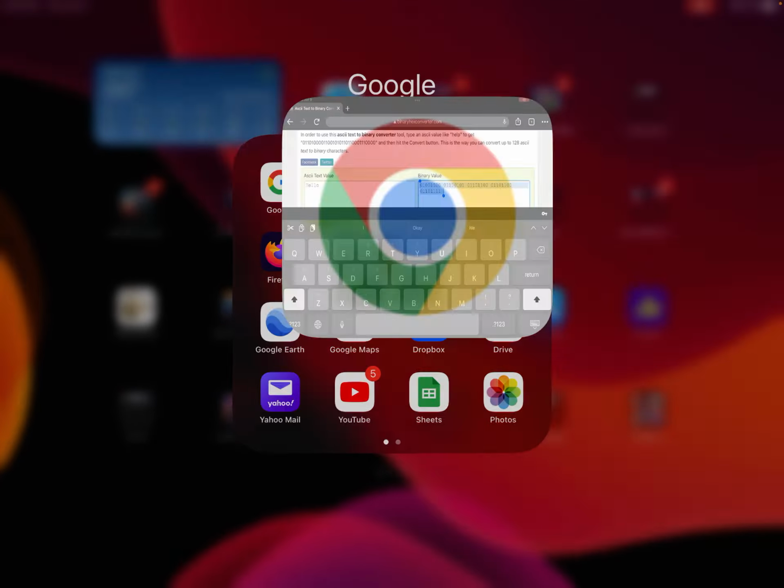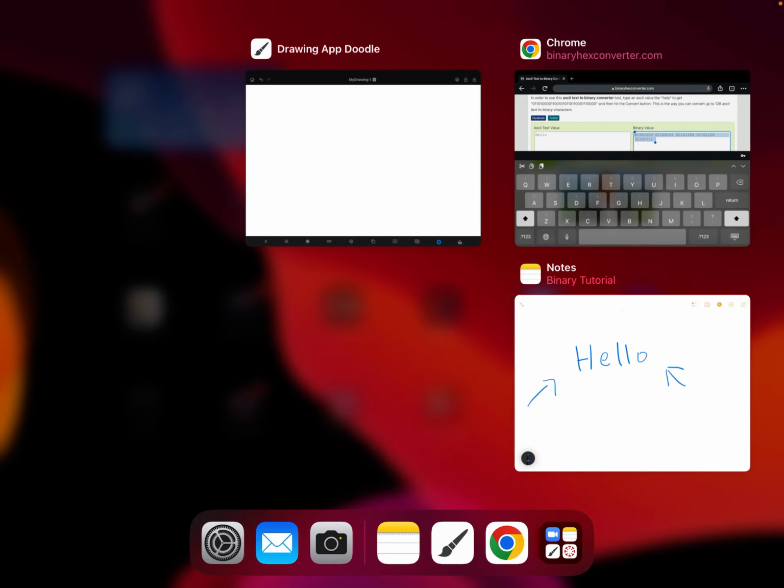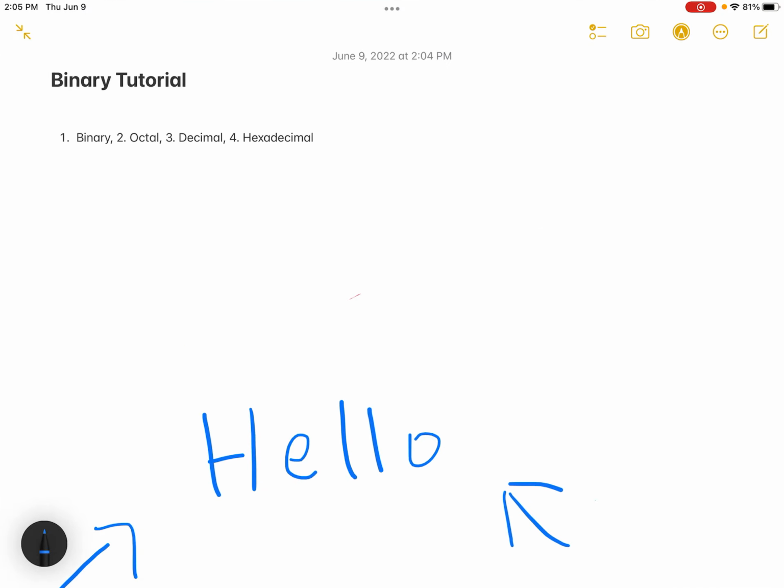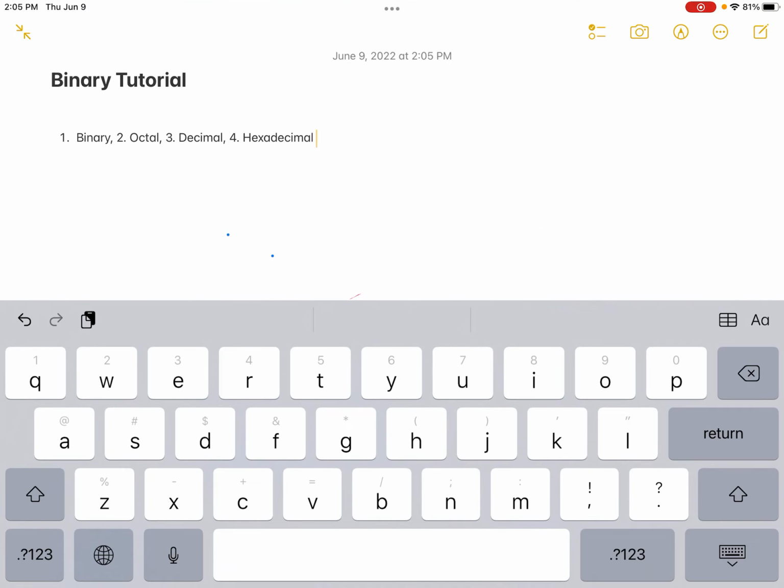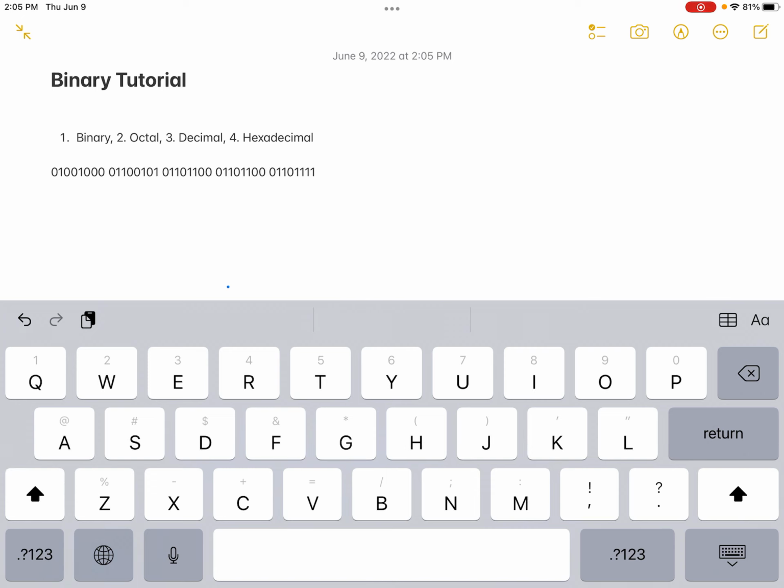Let me copy that and go back to the whiteboard. So this is the binary system. These are the binary numbers of hello, and this is how you communicate with the computer.